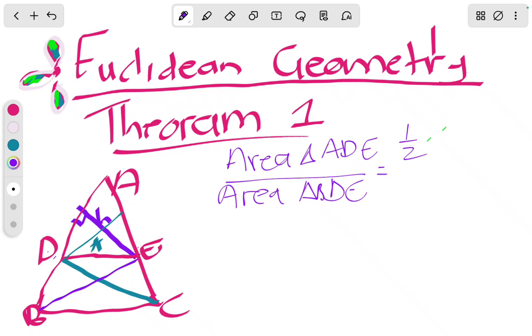So it's 1/2 times the height, which is h, the purple one, times AD, which is our base. Remember, the base is the line which is perpendicular to the height.